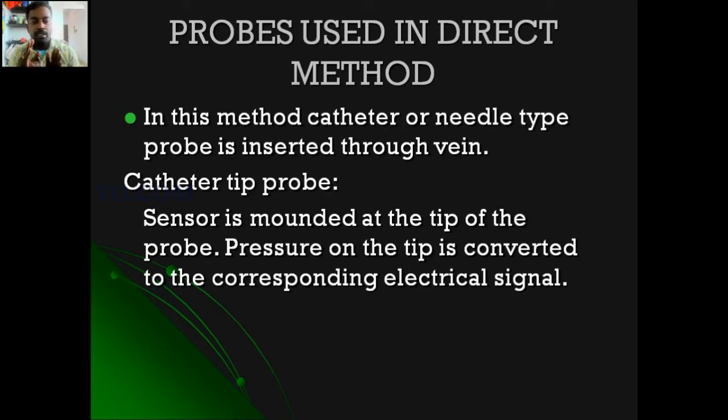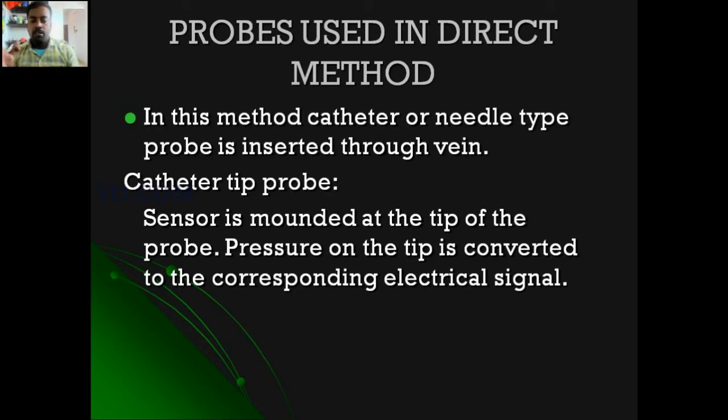One is the catheter tip probe. The sensor is mounted at the tip of the probe. The pressure on the tip is converted into a corresponding electrical signal. The probe is very small, about 0.5 mm thick, like a microtube or pencil tip, and it is inserted through a vein.